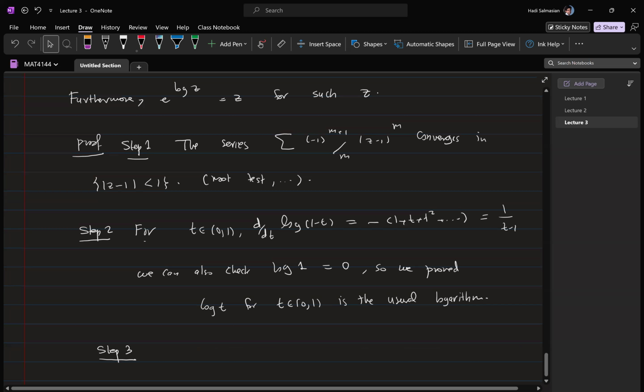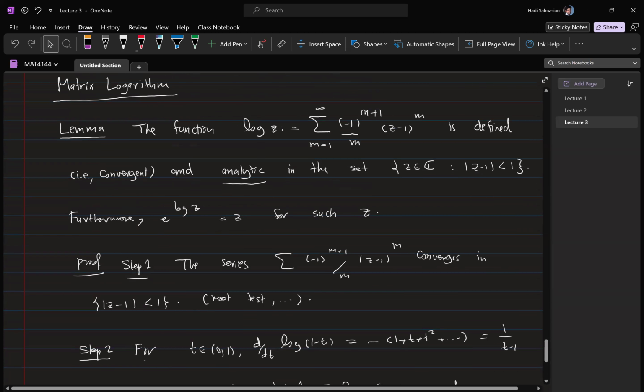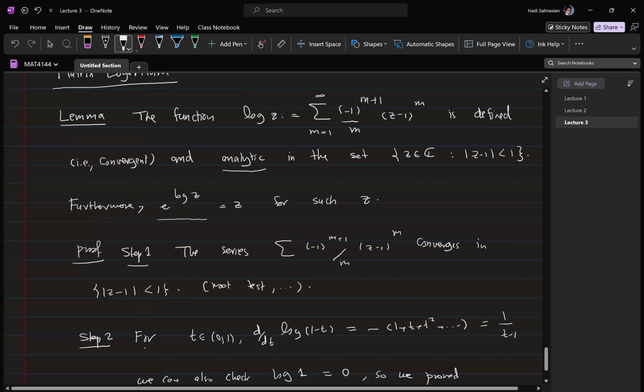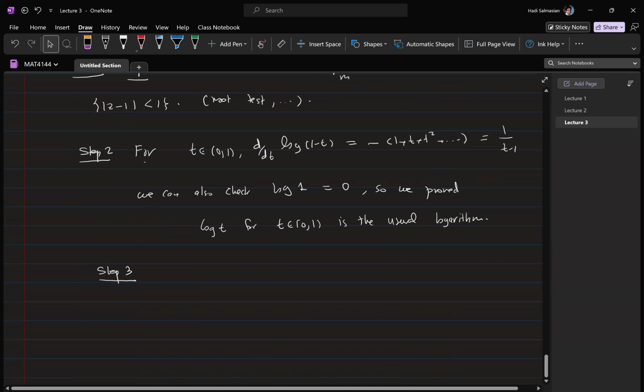So in other words, what we wanted to show is this relation, right? So we could look at this relation first for z being like a number between 0 and 1. So we have e to the log t equals t for the above log t.